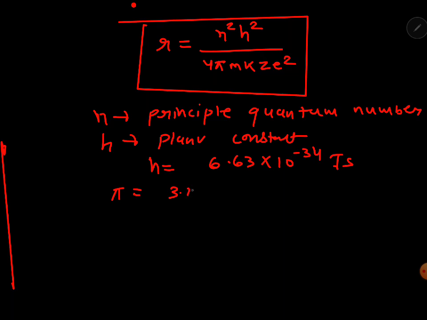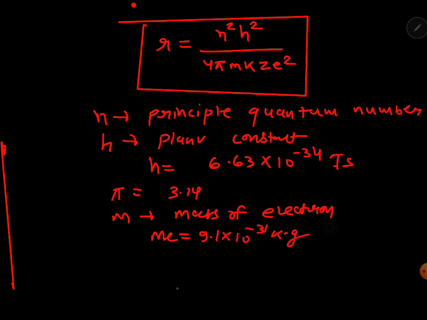The value of π is 3.14. m is the mass of electron, which is equal to 9.1 into 10 to the power minus 31 kg.